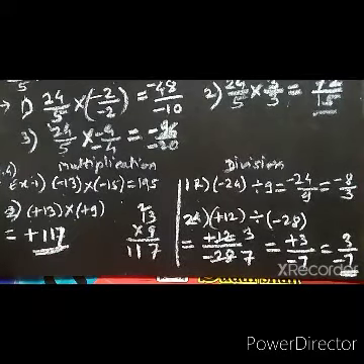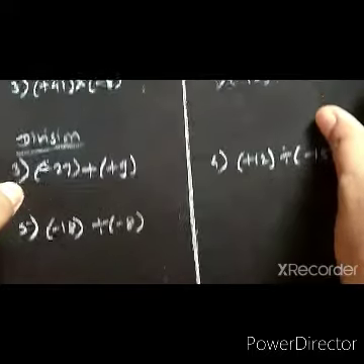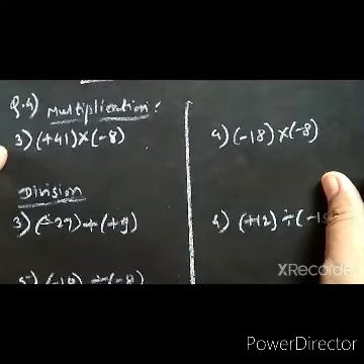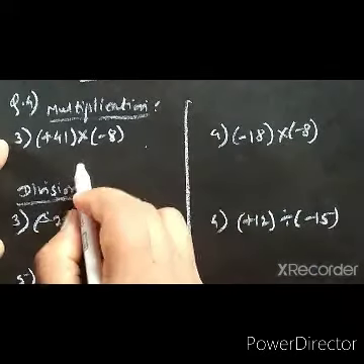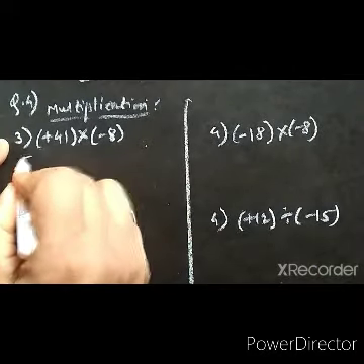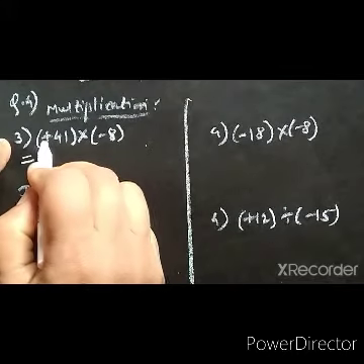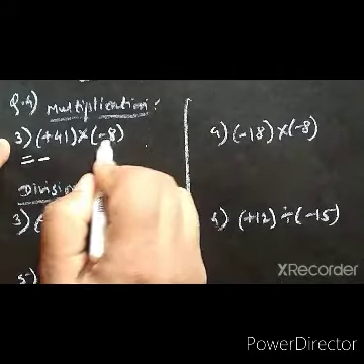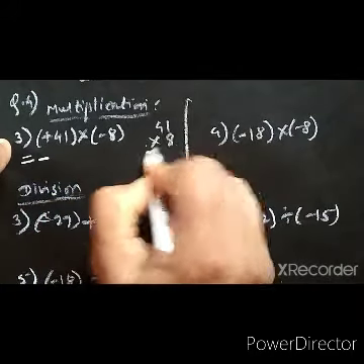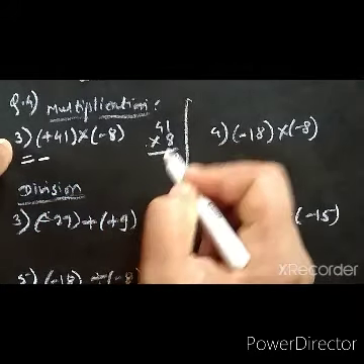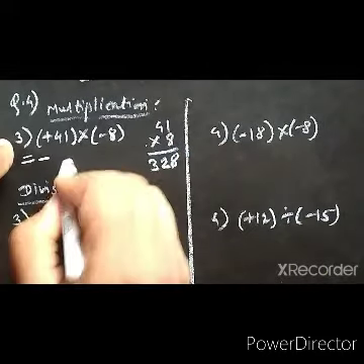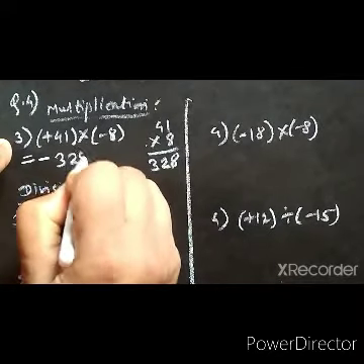Now let us see the third example for multiplication. Plus 41 into minus 8. Multiplication of opposite signs, plus into minus, we get minus. Now 41 into 8: 8 1s are 8, 8 4s are 32. Therefore here we got minus 328.